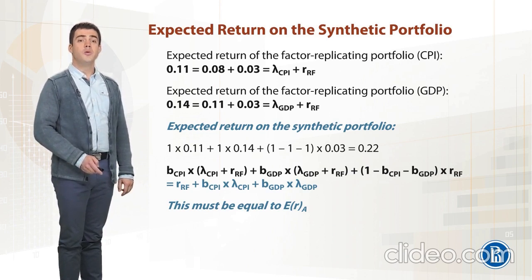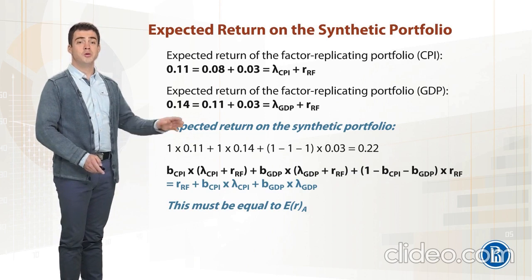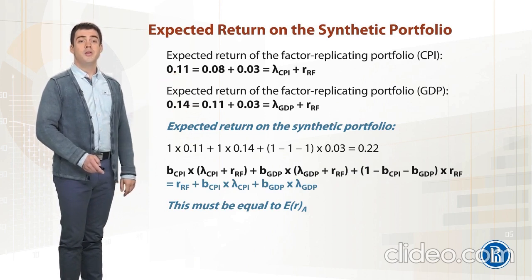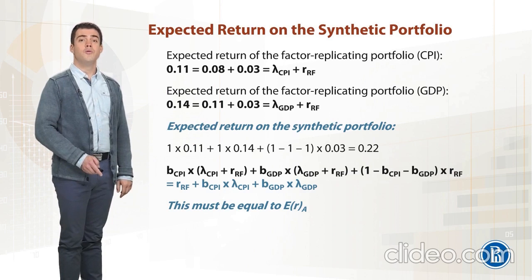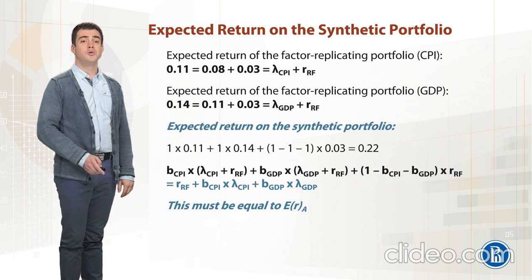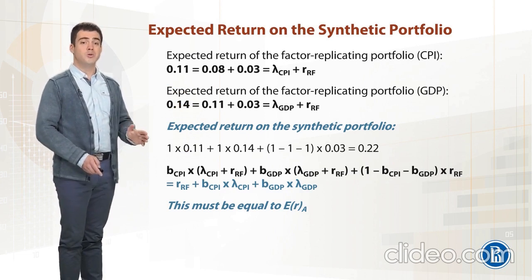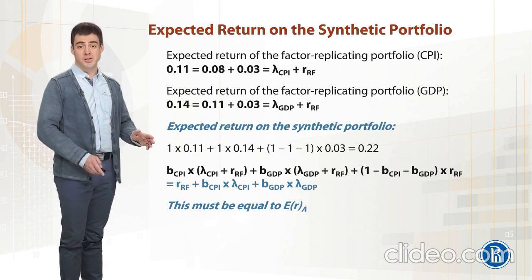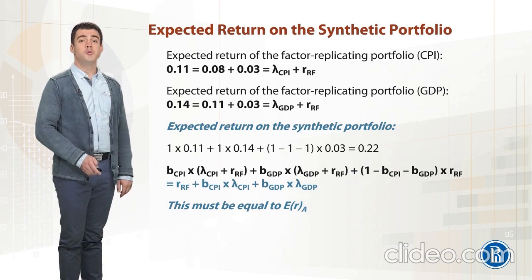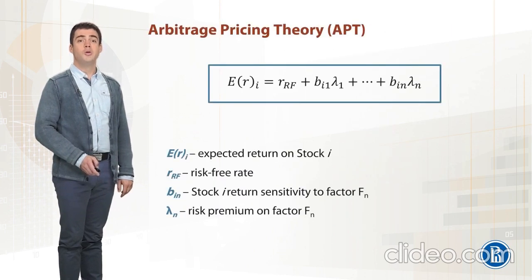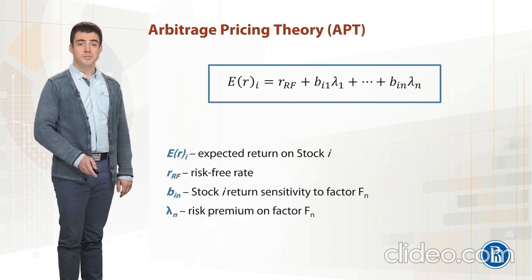Now we can rewrite this equation with respect to letters, having the total equation for the expected return of these assets, which will be equal to the risk-free rate plus the sensitivity to CPI multiplied by the factor risk premium plus the sensitivity to GDP multiplied by this factor risk premium, which will be the equation known as the APT, or the arbitrage pricing theory equation.